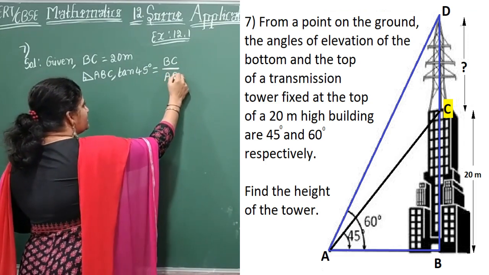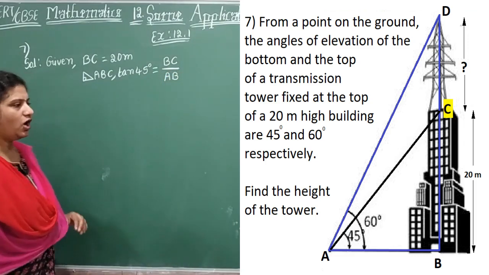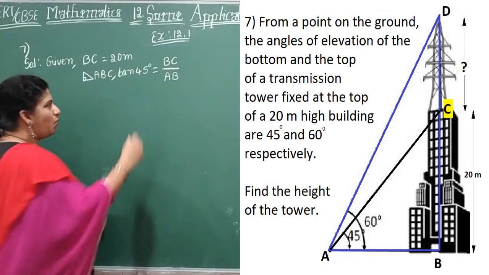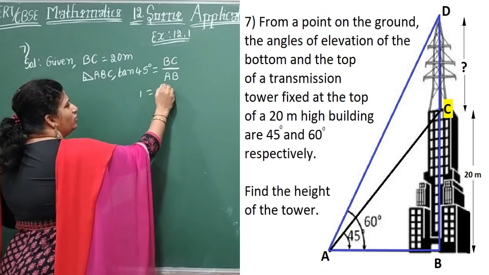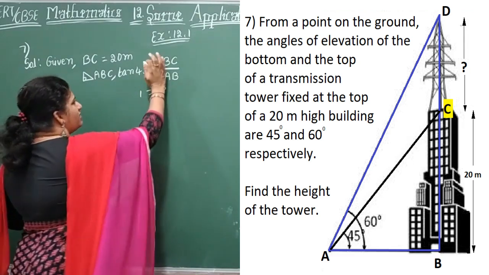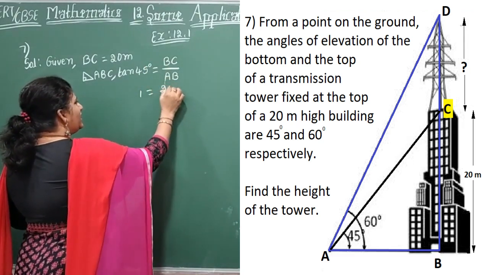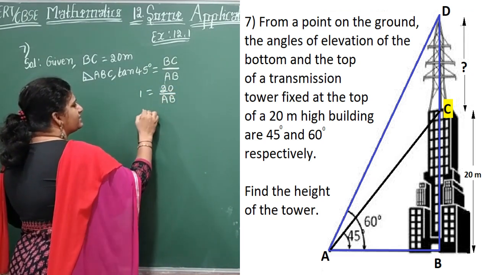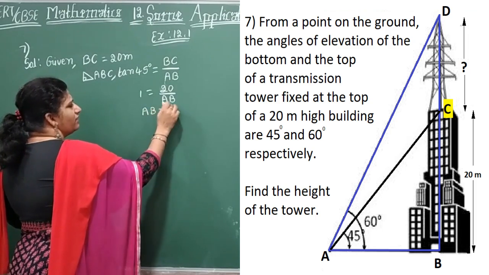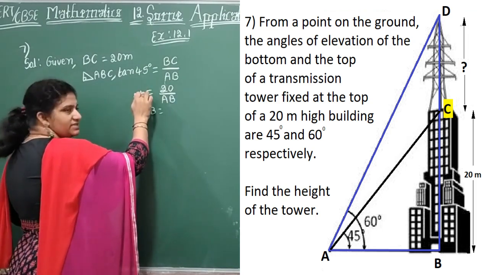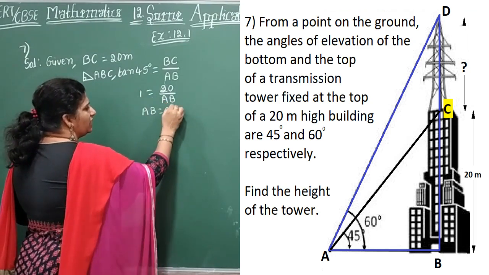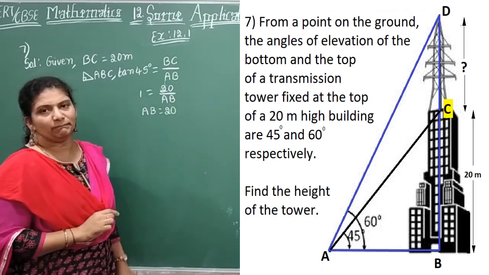What is adjacent side? AB. Okay, children. Now here, what is tan 45? 1 is equal to BC. You know BC, no? How much is BC here? 20 by AB. So send that side AB. This part will go this side and this will come this side. So that is AB is equal to 20 meter.